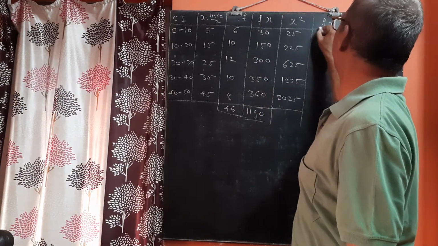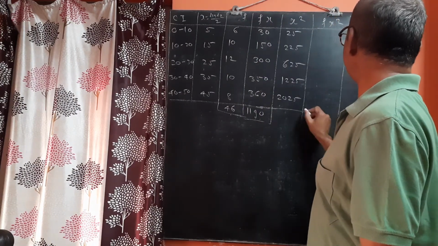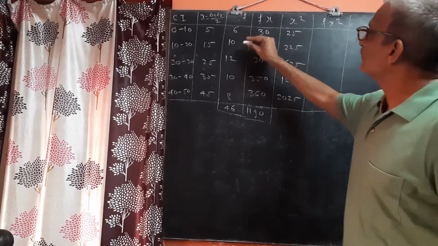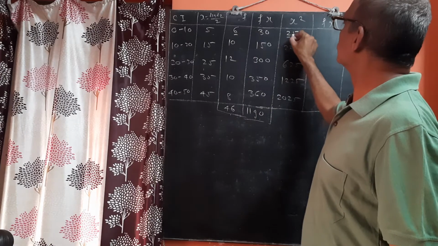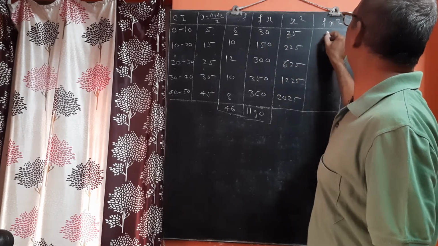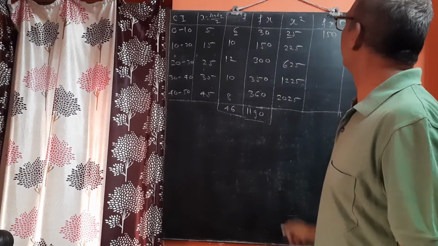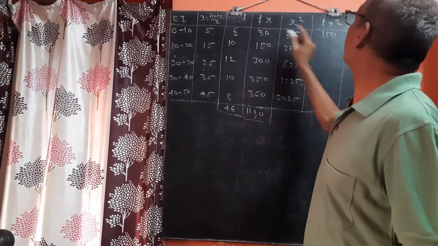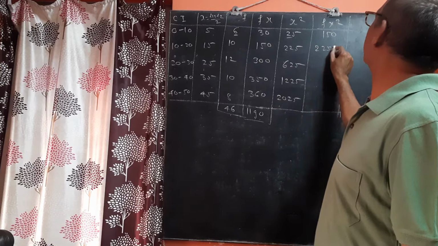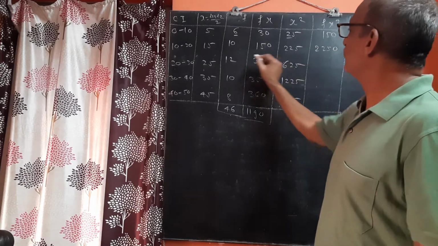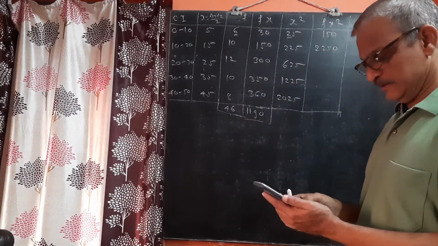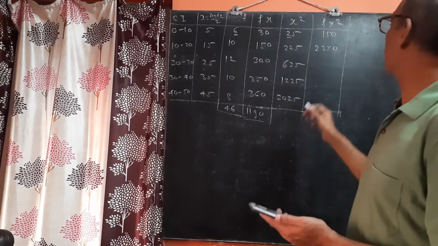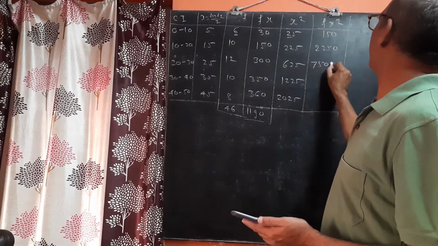F into x square, that means 6 into 25, that is 150. 225 into 10, that will be 2250. 625 into 12, that comes 7500.